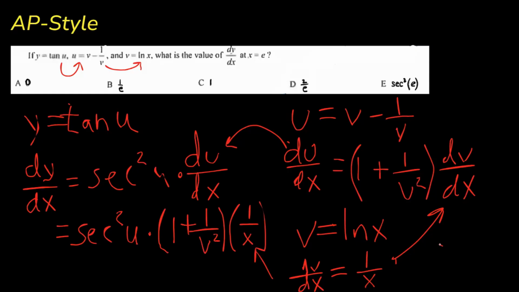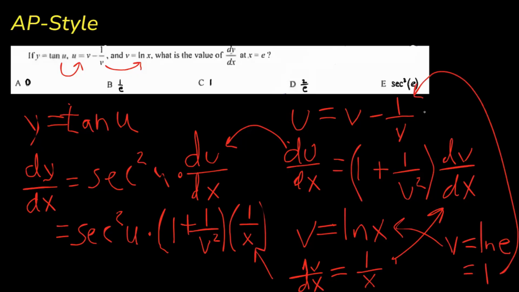Well, if x is equal to e, then v is equal to natural log of e, which is just equal to 1. And then if v is equal to 1, then u is equal to 1 minus 1 over 1, which is just 0.